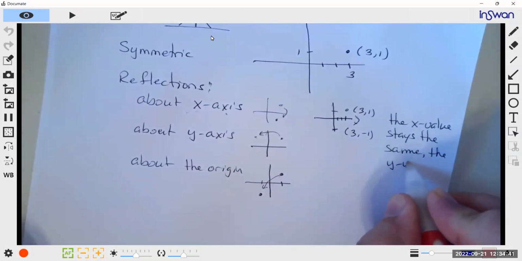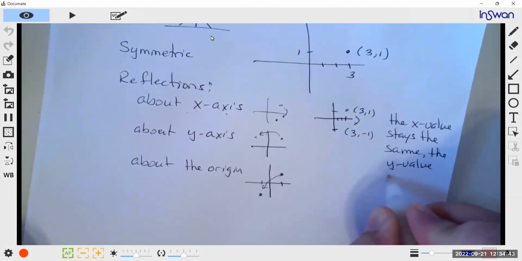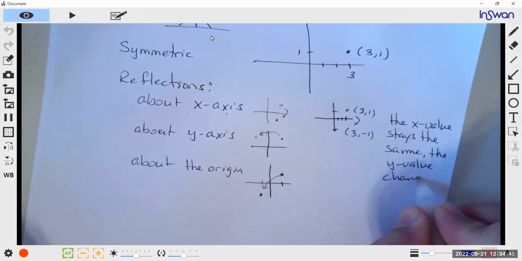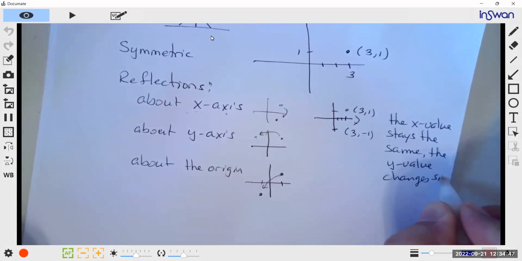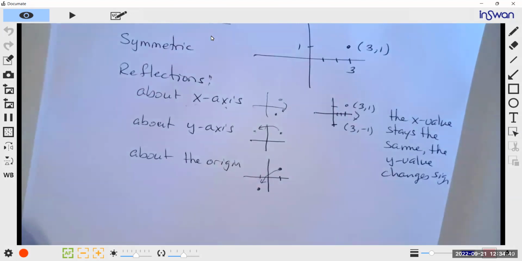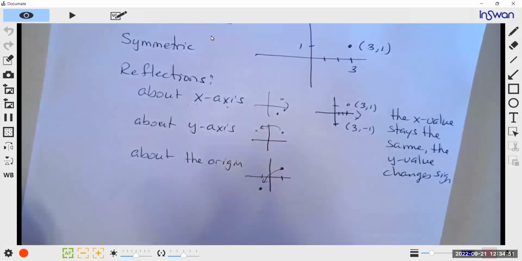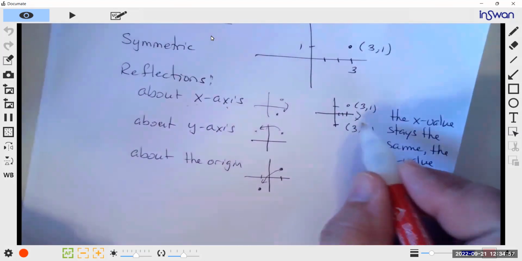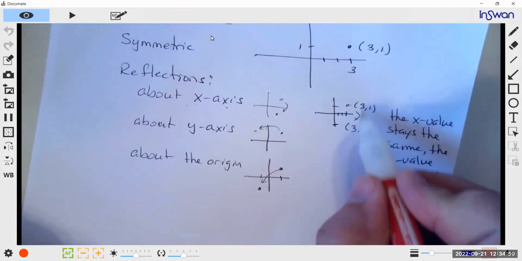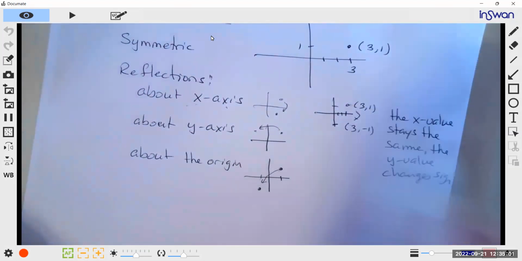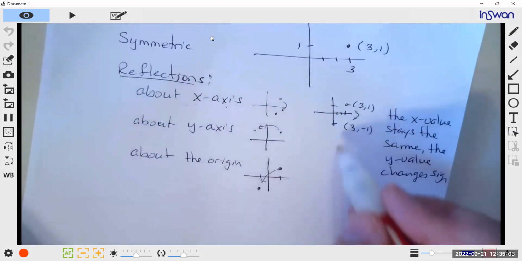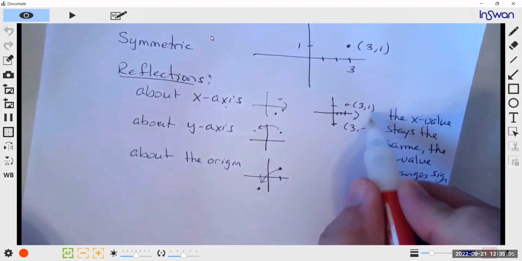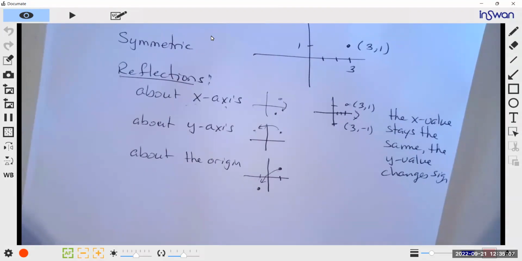The y value changes signs. All right, so if it's symmetric with the x-axis, or if it's a reflection about the x-axis, then all we do is change the y values.